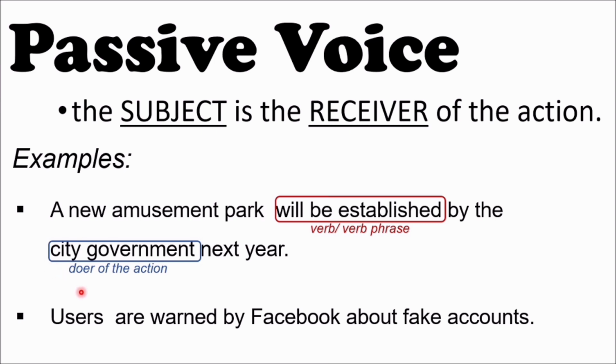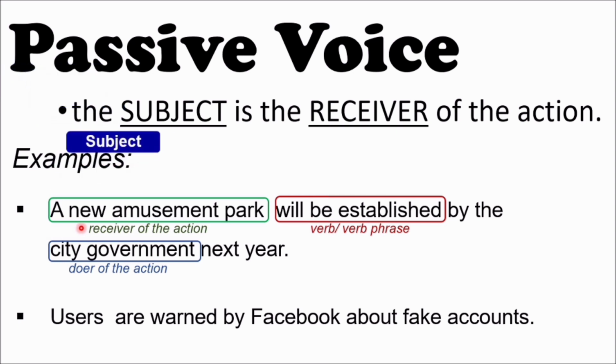But this time, look, it is now written after the verb phrase, right after the preposition by. Okay, so where is now the receiver of the action? It's actually here. A new amusement park is the receiver of the action. We are now talking about a new amusement park. Therefore, the receiver of the action is now the subject of the sentence.